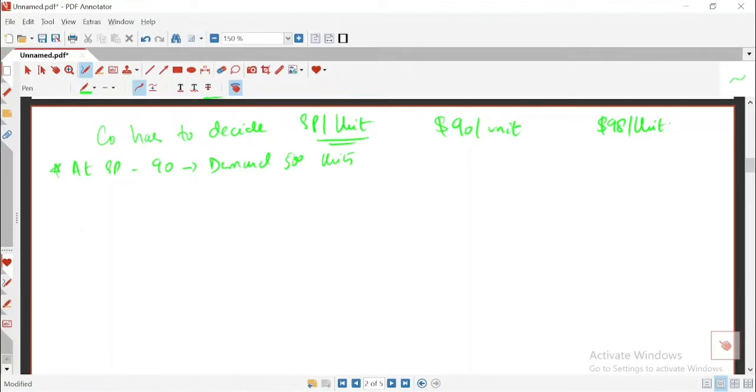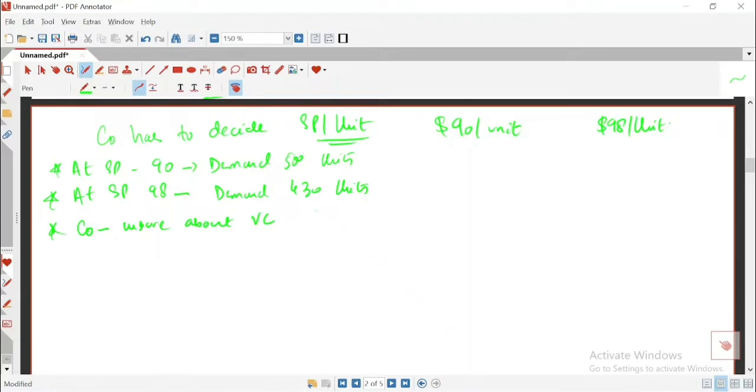At selling price 98, your demand is going to be 430 units. Now the uncontrollable factor, that is the company is unsure about variable cost.